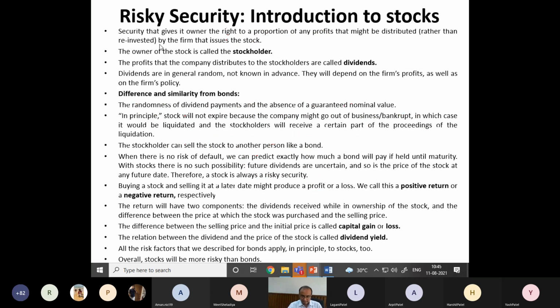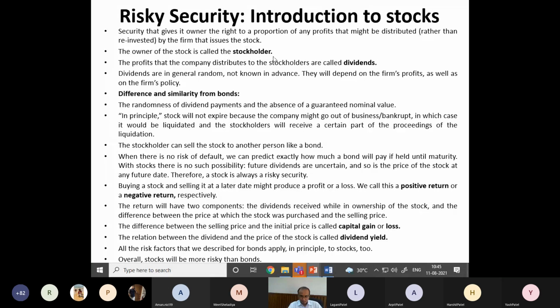It is a risky security that gives its owner the right to a proportion of any profits that might be distributed rather than reinvested by the firm that issues the stock. So the stock gives ownership, and we are owners in the way that whatever profit the firm makes, in proportion we have a right to get that profit, rather than it being reinvested.